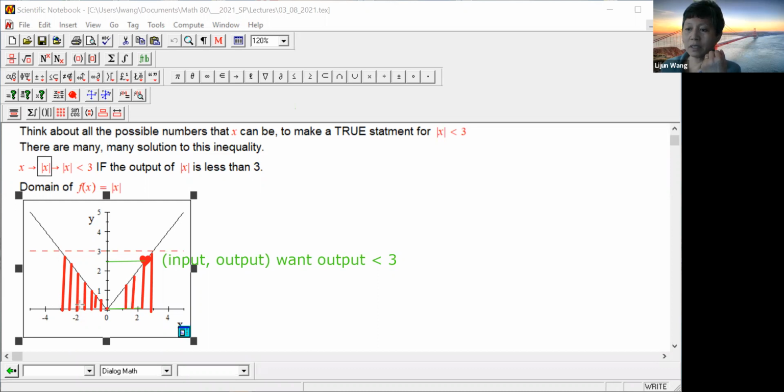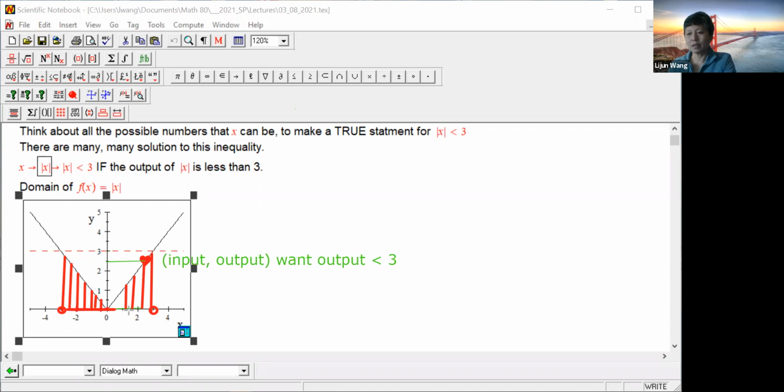So in the end, what have we discovered? Between -3 and +3, there should be a circle at this point, which is -3, and at this point, which is +3.